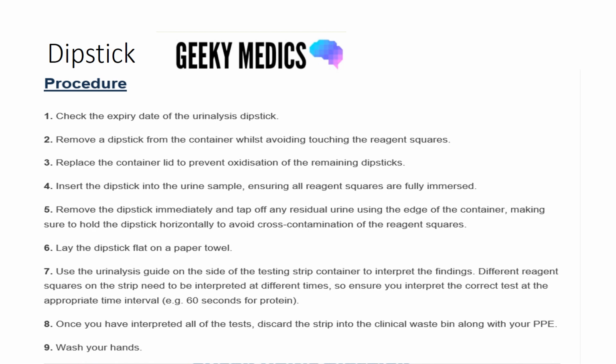And then when removing the dipstick from the specimen, remove any excess fluid by tapping the tip of the dipstick to the edge of the container, and then place it in a horizontal position so as to avoid runoff from other reagent squares going to cross-contaminate other areas. This would interfere with the results.